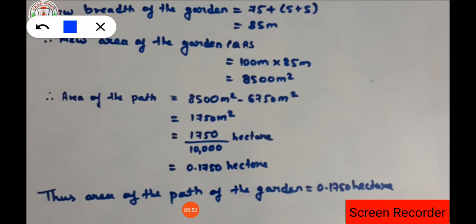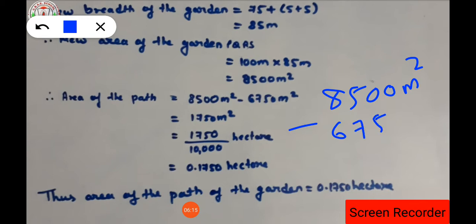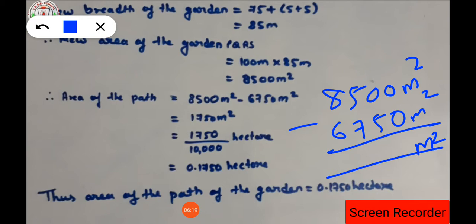To find the area of the path, we have to subtract the area of the garden from the area of the garden including the road. So 8500 will be subtracted with the area of the garden, that is 6750. While subtracting, the unit will remain the same, meter square.